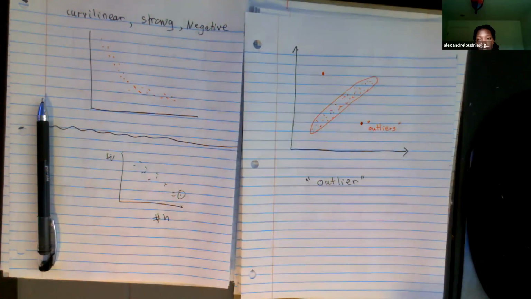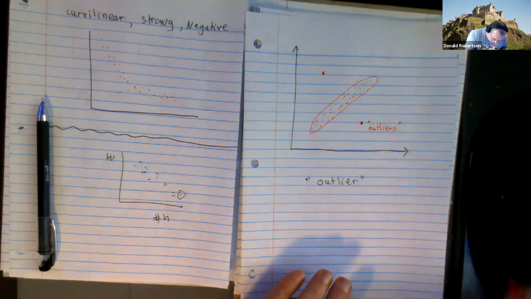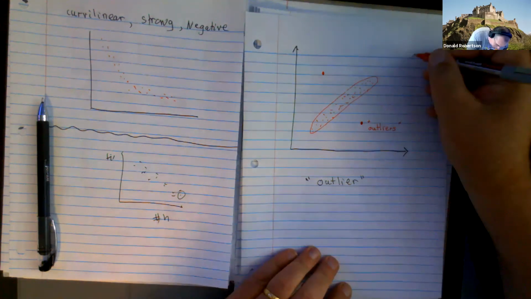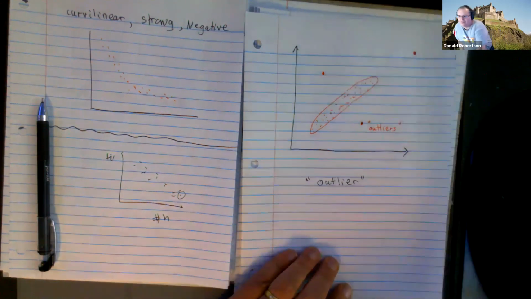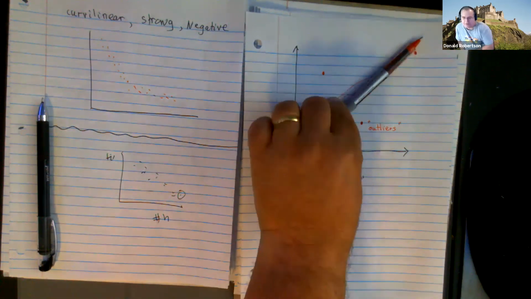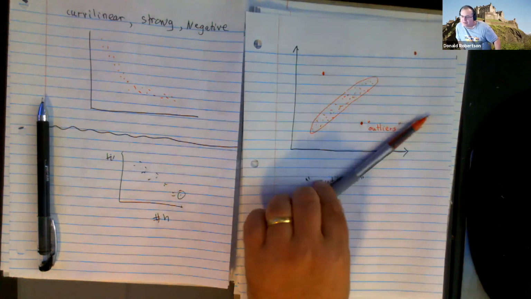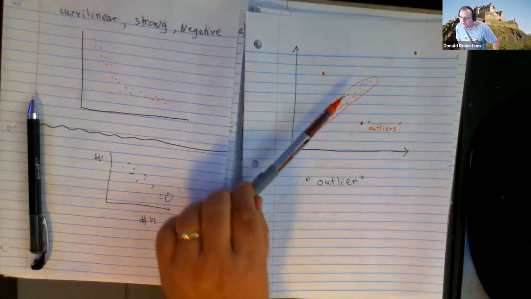Most people are pretty comfortable with the outliers that are over here and over here. This one you might disagree with, but nonetheless, it's still an outlier. But isn't he in the same straight line as all the other data? He's in the same direction, the same pattern.